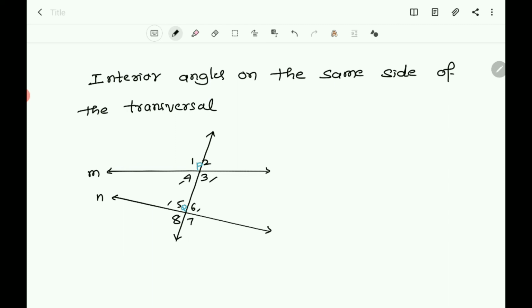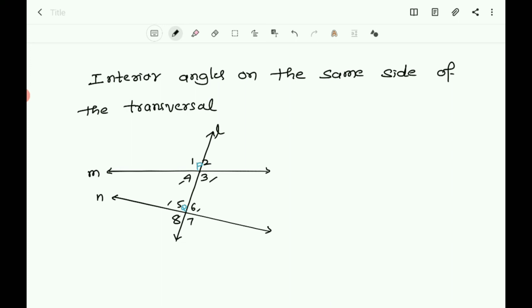Transversal is L here, and same side means you will get 4 and 5 and 3 and 6. One pair is 4 and 5 and the other pair is 3 and 6.